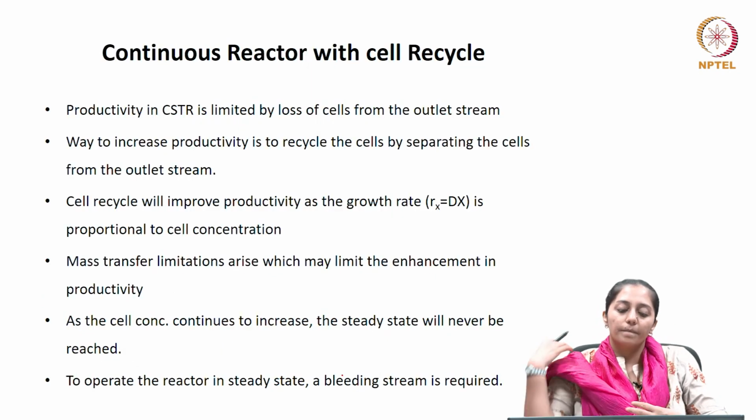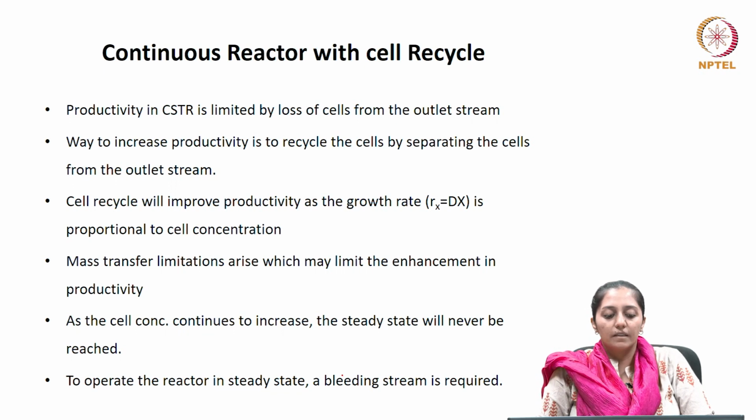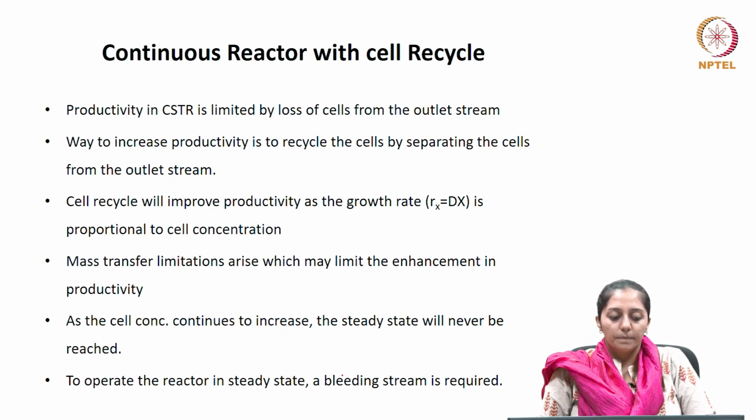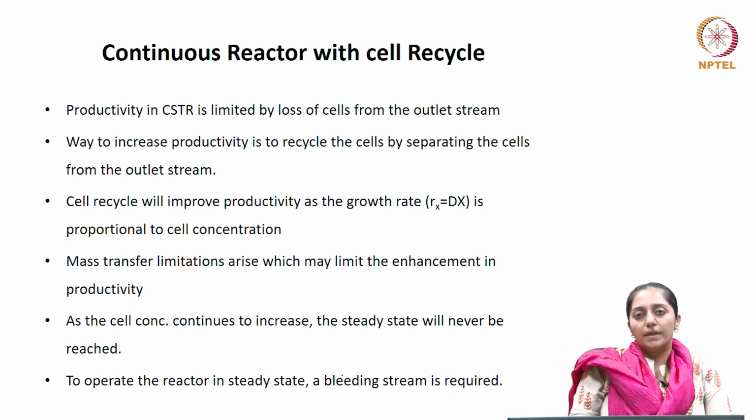Now, let us see if we are running a continuous reactor with cell recycle, then how do we design such systems? The productivity in a CSTR is limited by the loss of cells from the outlet stream, isn't it? Because we cannot run a CSTR at dilution rates greater than mu max.